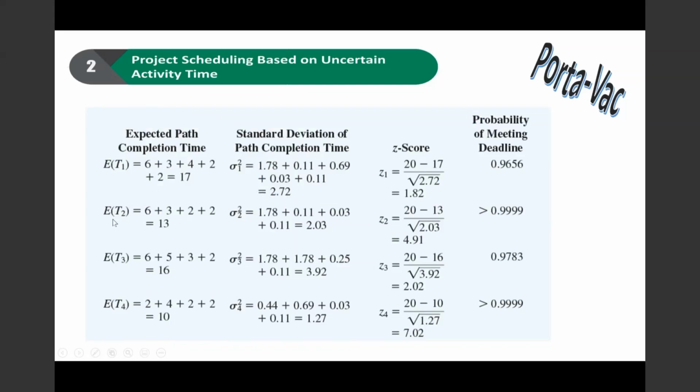The expected time of completion for path 2 is 13 weeks, with a variance of 2.03. For path 3 and path 4, we calculate the expected time as well. Note this is not the standard deviation; here we are still dealing with the variances.